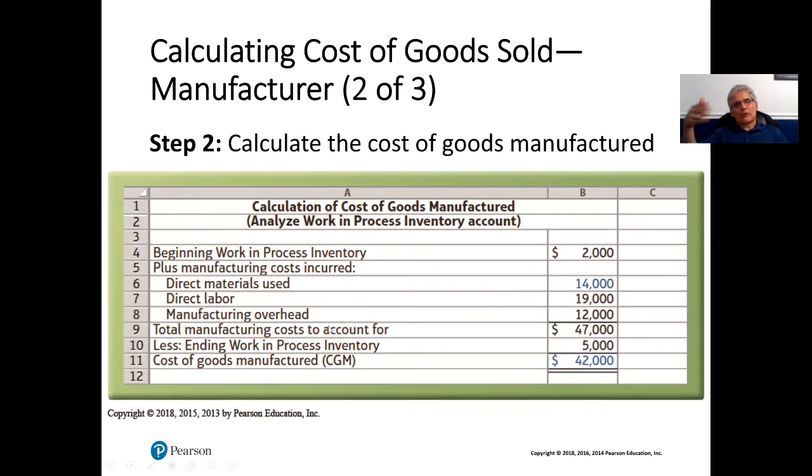When we manufacture our product, after it gets taken out of raw materials inventory, it goes into work in process. So now the next schedule is the analysis of the work in process inventory account. Just like our previous schedule, we're going to start off with the beginning work in process inventory. This is what was on the floor, already started to be produced, but never really finished.